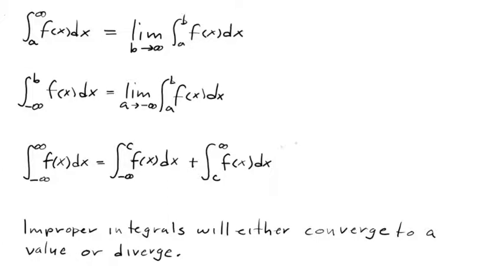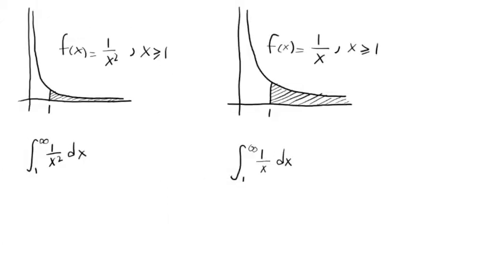Alright, so the first example I want to show you is what happens if we compare two of these functions. Alright, f of x is 1 over x squared for x greater than 1, and f of x is 1 over x for x greater than 1. Now, in both of these cases, I'm interested in the area under the curve from 1 to positive infinity. Alright.